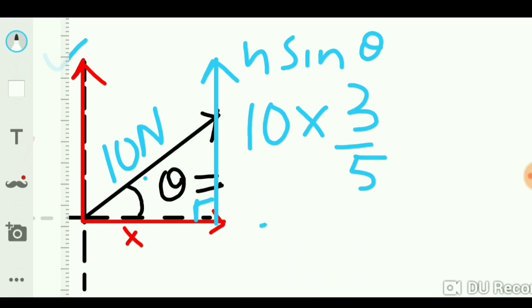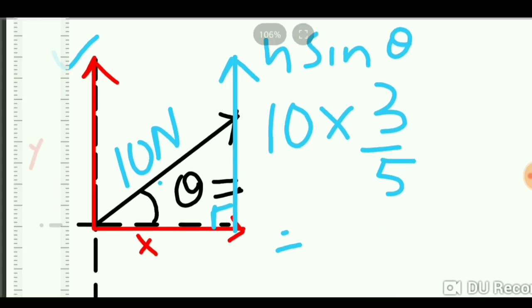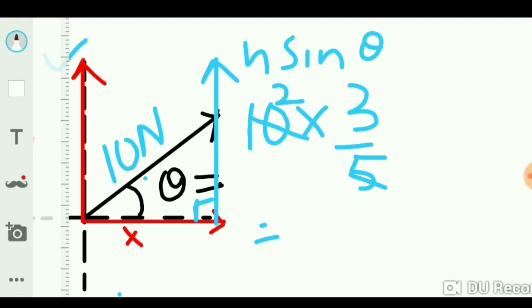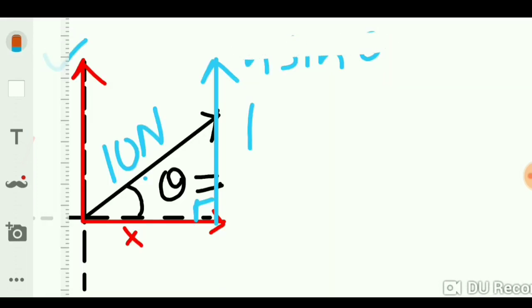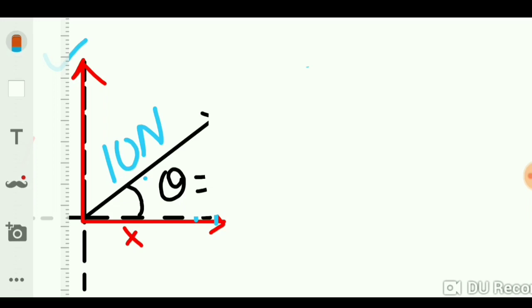Now 5 and 10 cancel out, this becomes 2, so it's going to be 6 Newton. So h sine theta, which was the y-axis, is 6 Newton. Now for the x-axis, as you all know, it is h cos theta.